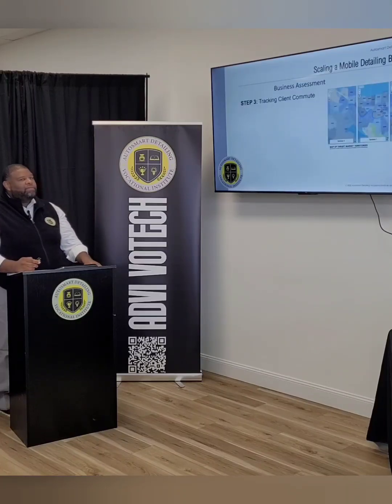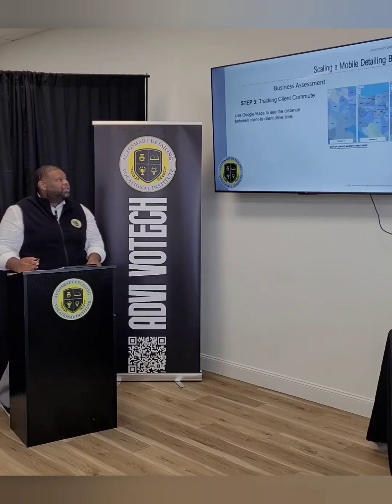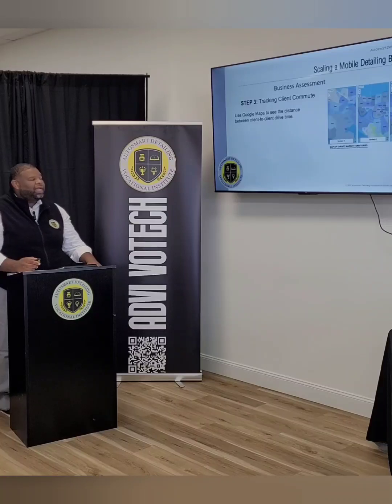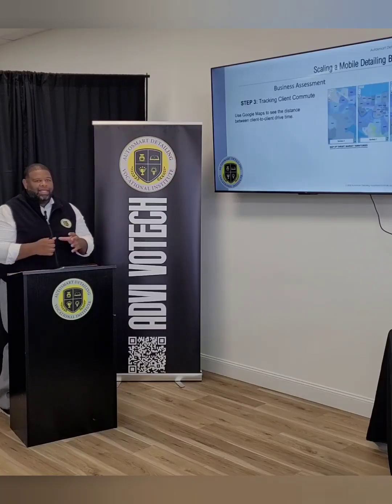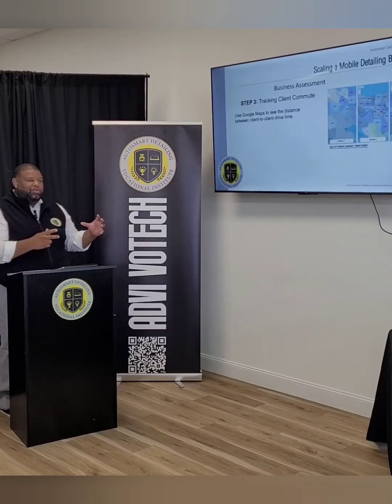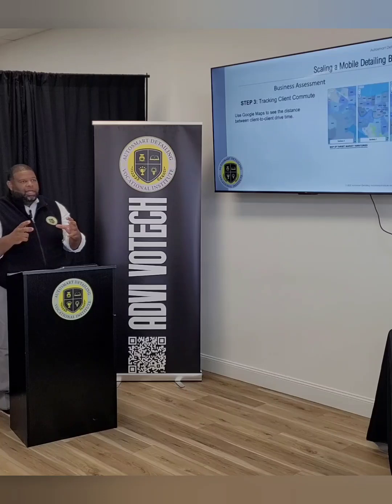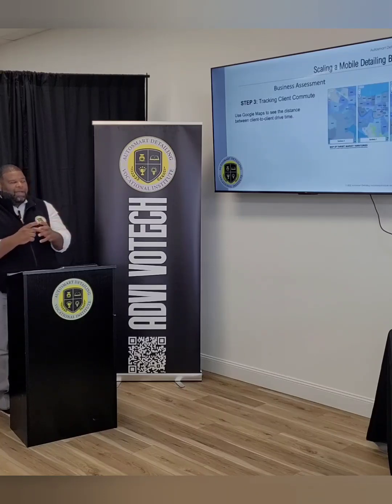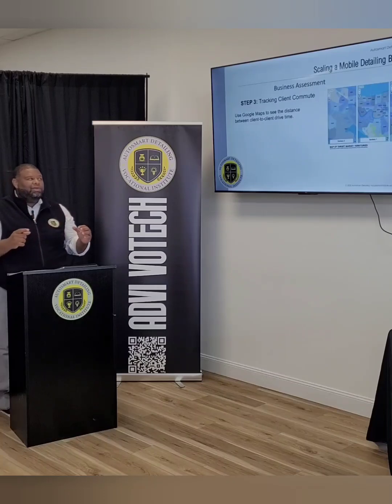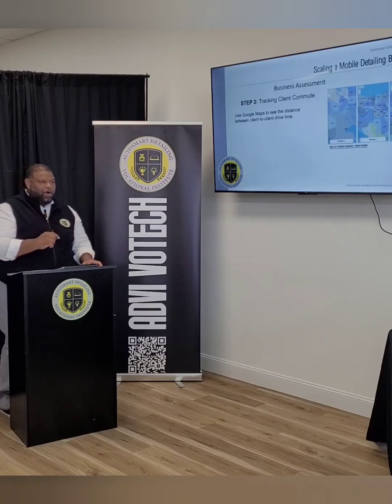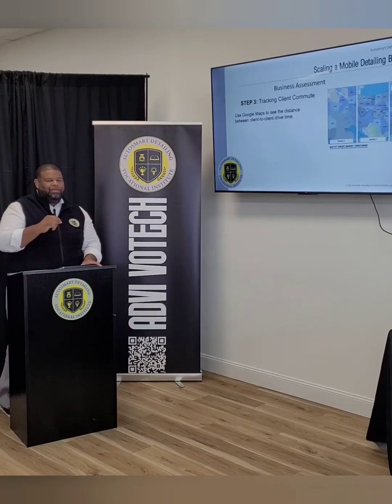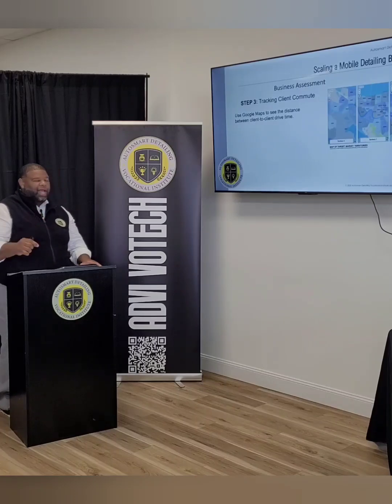Track client commute. Use Google Maps to see the distance between client to client and drive time. All of that still goes back to the data you've compiled. From the zip codes you see what area is heavily concentrated, and then you look at how far or how much time you have to drive from this car to that car.